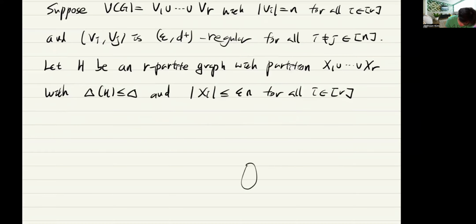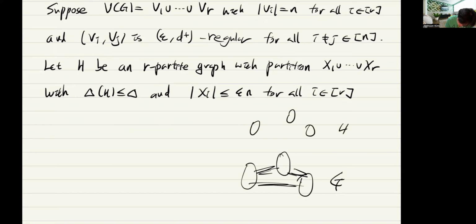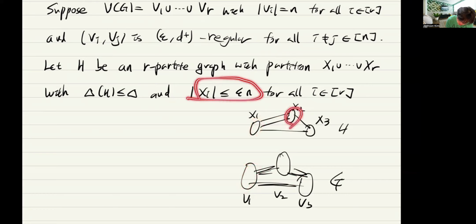So what? In G you have this graph, and then in H you have this graph where you have x1, x2, x3, and H has bounded degree, and G is a dense graph. It has quadratically many edges. H has only linearly many edges. Each xi is much smaller than Vi. Then you can embed this.